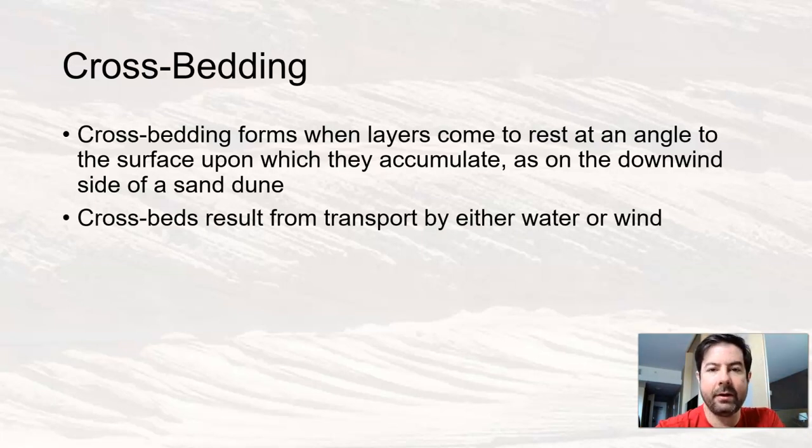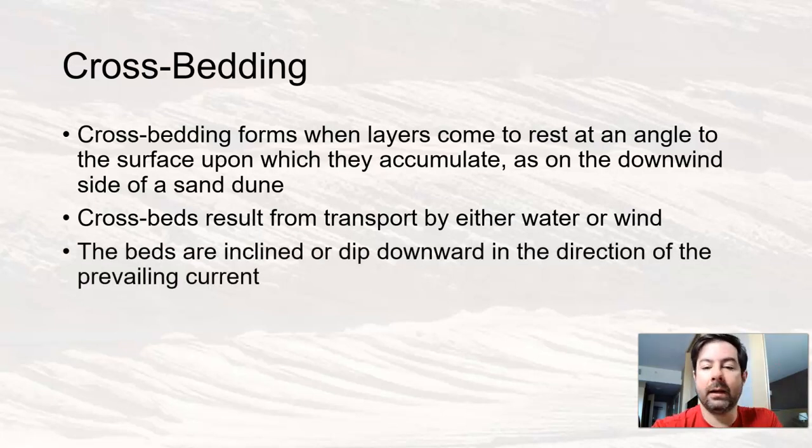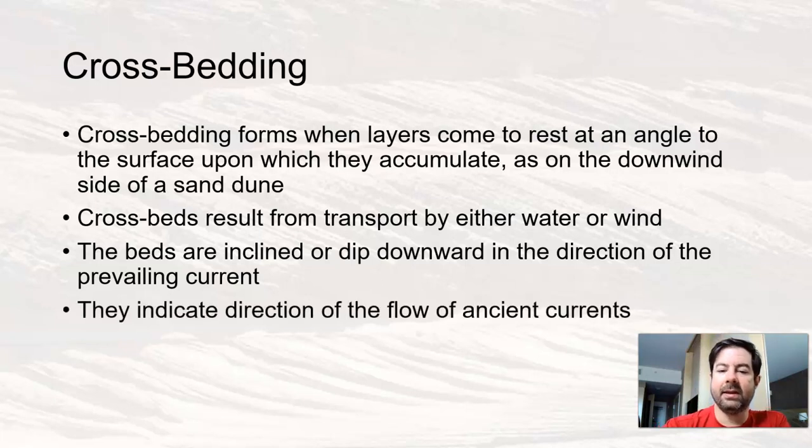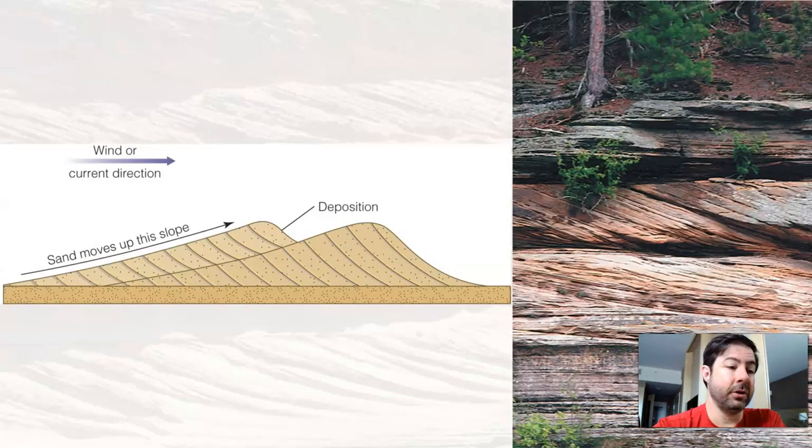Cross bedding can occur via transportation of wind or even water. Again, these beds are inclined or dipped downward in the direction of the prevailing current, whether it's wind or water. And they indicate the direction of flow of ancient current, wind current or water current.